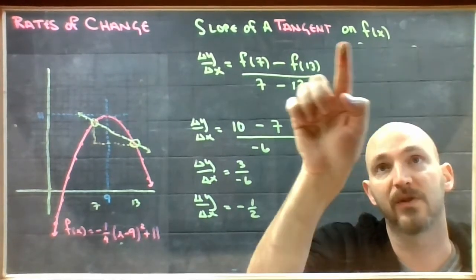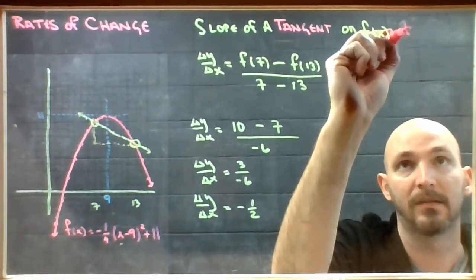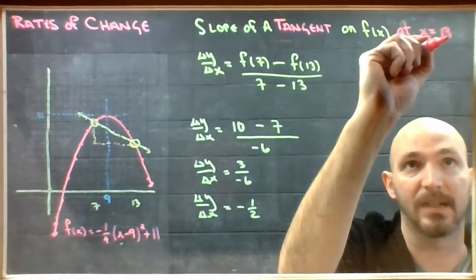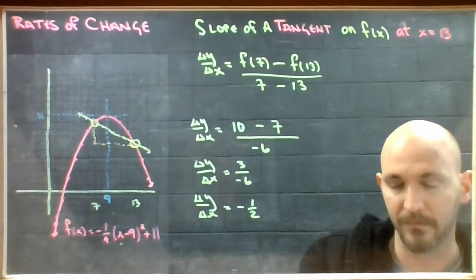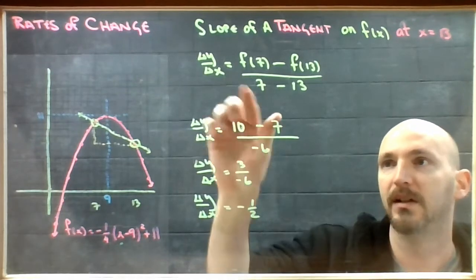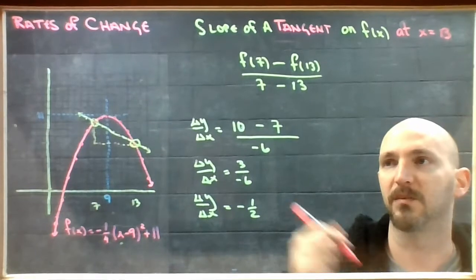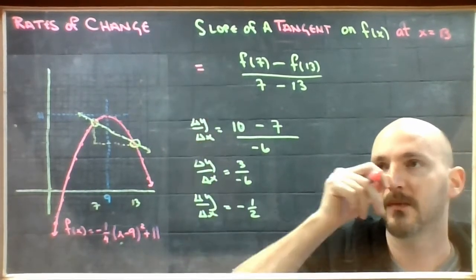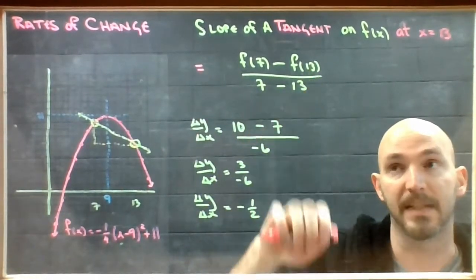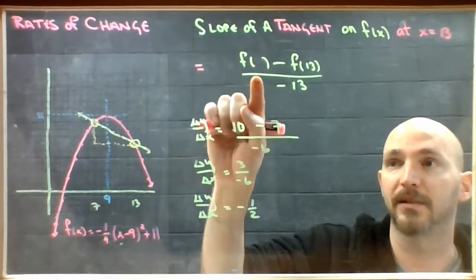We're going to do the slope of a tangent on this function. Instead of between two values, I'm going to say at x equals 13. So I need to change this function a little bit. I'm going to move this so I have a little bit more space. First off, I'm going to keep the 13, and I'm going to make this into some other letter.